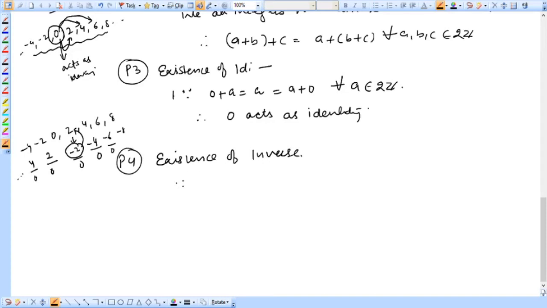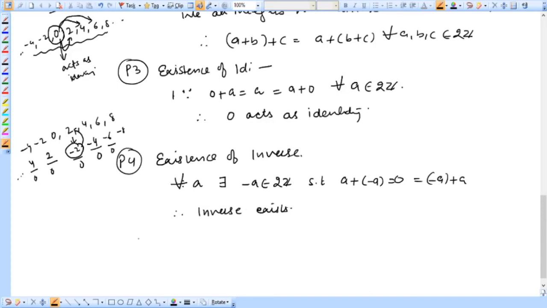Hence write it in this way: for all a there exists -a belonging to 2Z, that is the even integers, such that a plus -a is equal to 0 in either way. Therefore inverse exists.